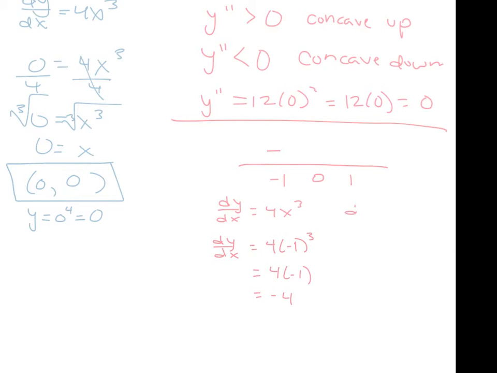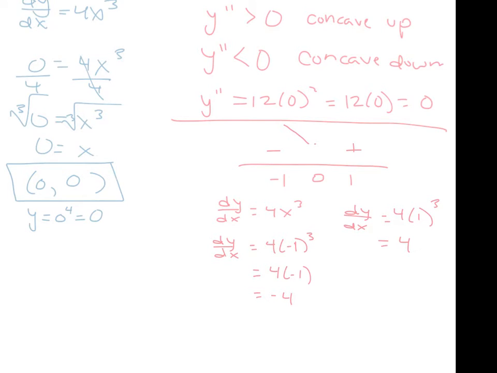And then we're going to do the same thing with the number on the right. 4 times x cubed. We're going to plug it into our first derivative, and we get 4 times 1 cubed, which is 4, which is positive. So we can then get a visual idea of what's happening at the x coordinate of 0, because to the left of 0 we have a negative slope.